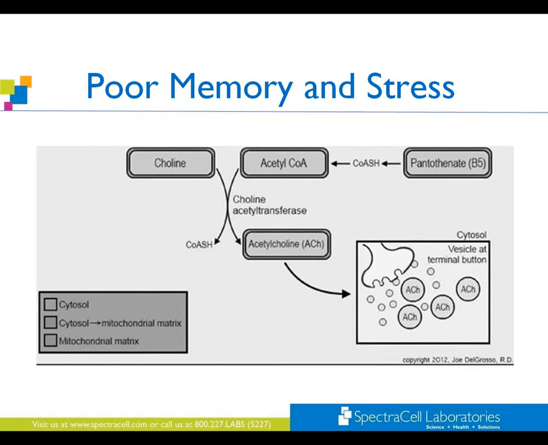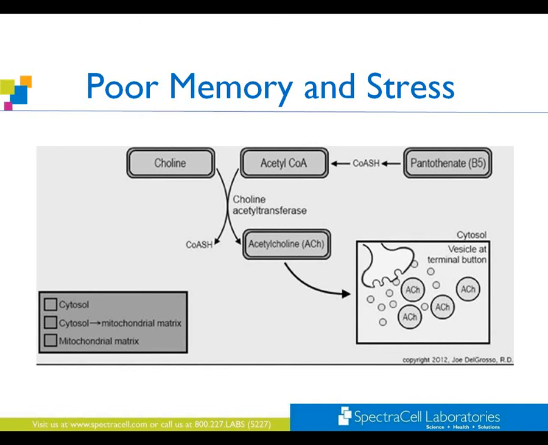So we've got B5 helping us make that, and then through the action of choline acetyltransferase, we're combining that acetyl-CoA and choline to make our acetylcholine, which is what we're going to use and think about in terms of brain speed. It's the predominant neurotransmitter utilized in terms of memory.